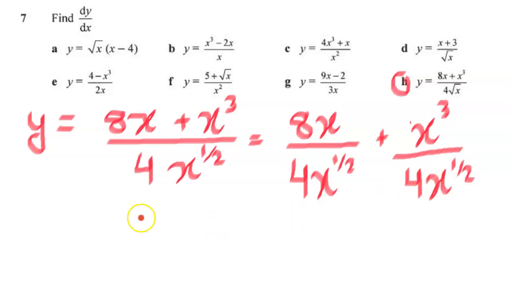Then what I can do next is 8 divided by 4, it's actually a 2. And this is an x. Now, in fact, this is actually an x with a power of 1, which is invisible. And this is half. So I can do 1 minus half.